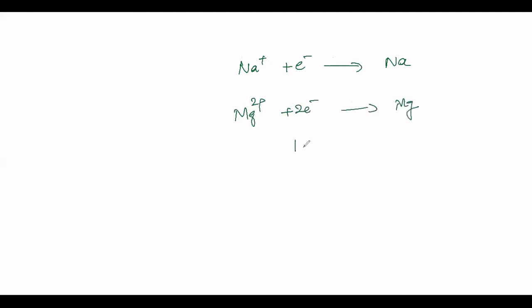So 1 mole of electrons would give only half a mole, 0.5 mole. The atomic mass of this is 24, and half of that will be 12. This 12 is the equivalent mass. Which means 1 equivalent of the substance can be deposited by using 1 mole of electrons, 96,500 coulombs.